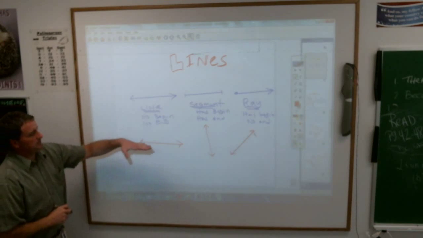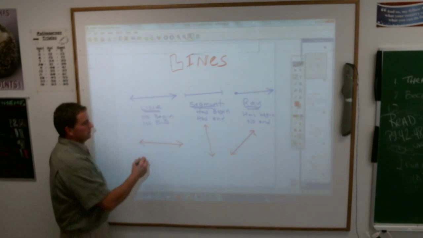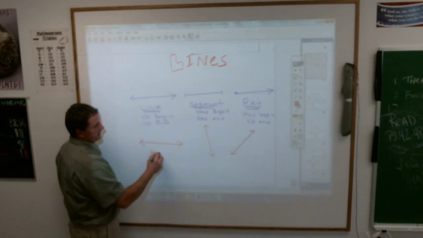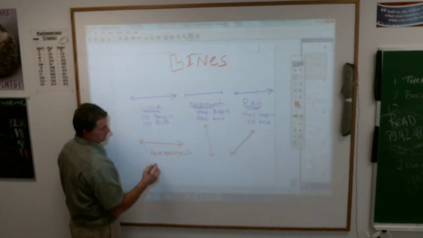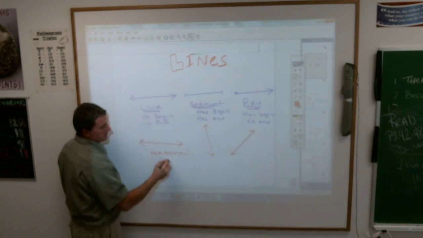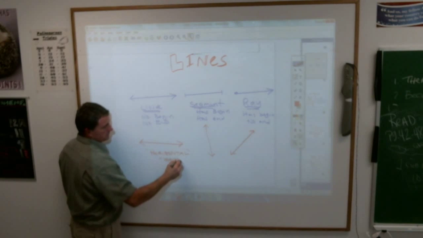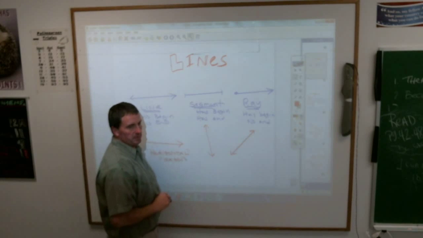The ones that are straight like this, parallel to the ground, we call horizontal lines. Think about the word horizon. When you look at the horizon, you kind of look out, you don't really look up. It's a horizontal line.